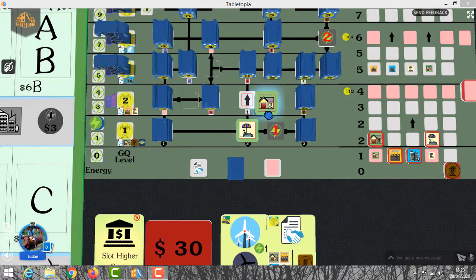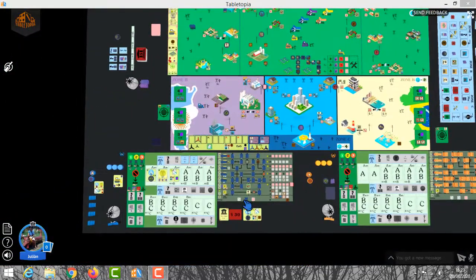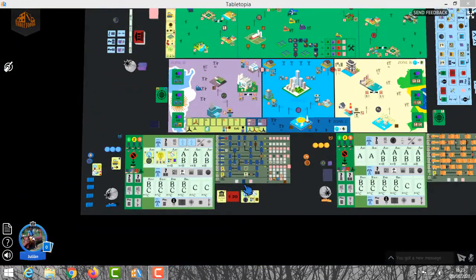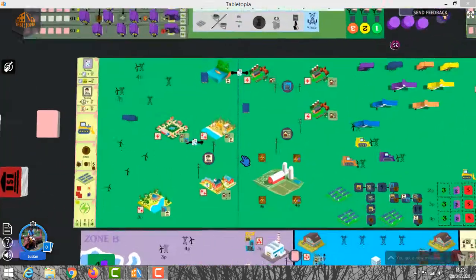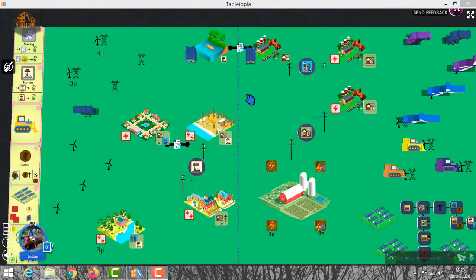We place the contract there, and this bonus said that we can move any icon in the contract 1 more space. So we move the town 1 space up and place the transformer in the spot to mark that that contract is fulfilled by our company.